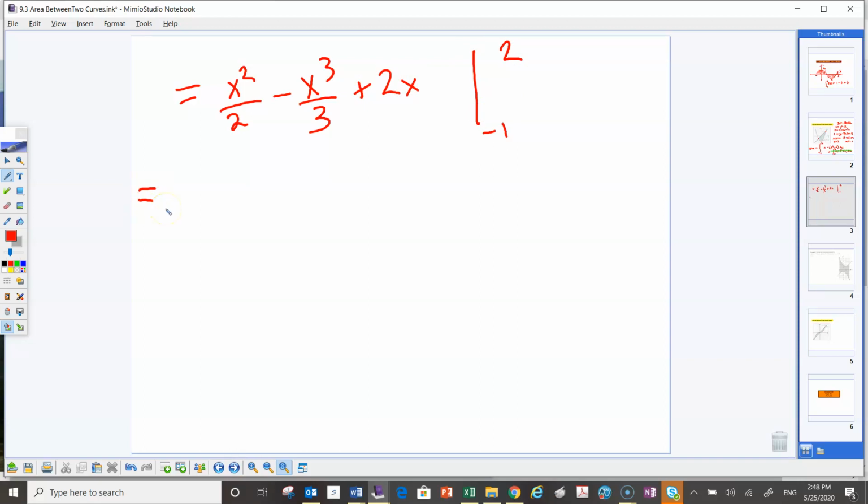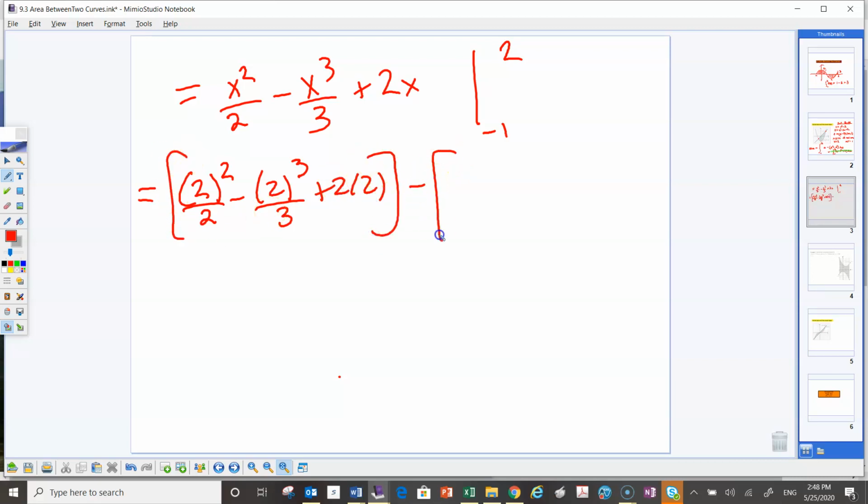So now we plug our upper limit in, which is 2. So 2 squared over 2 minus 2 cubed over 3 plus 2 times 2. That's my upper limit. And then I subtract away whatever I get when I plug in my lower limit. So negative 1 squared over 2 minus negative 1 cubed over 3 plus 2 times negative 1.